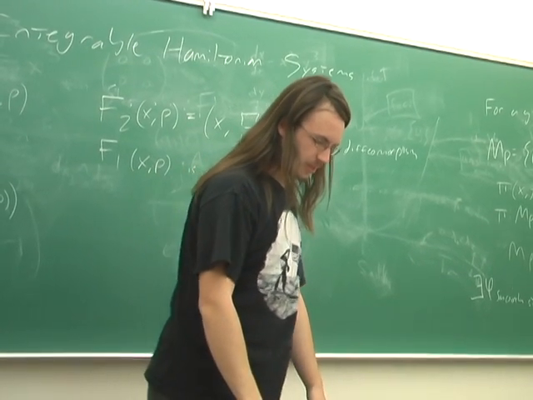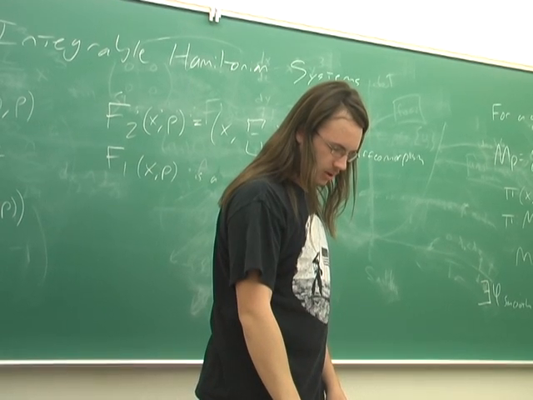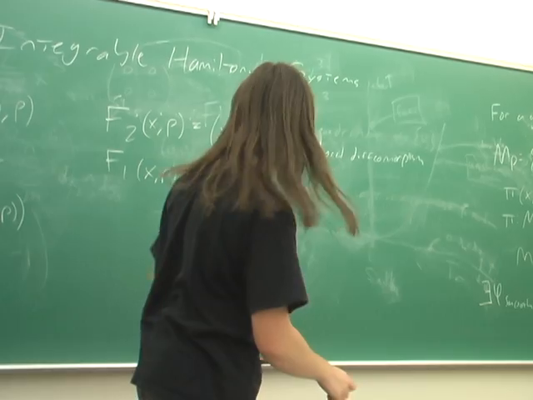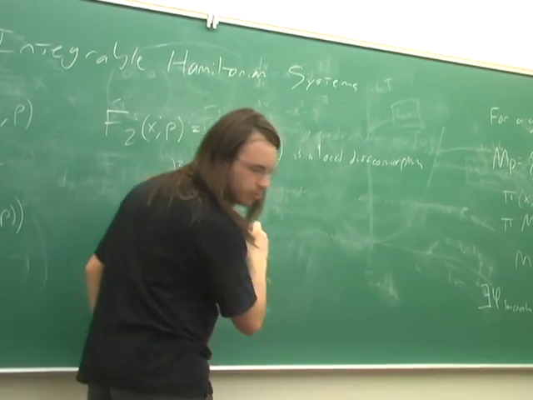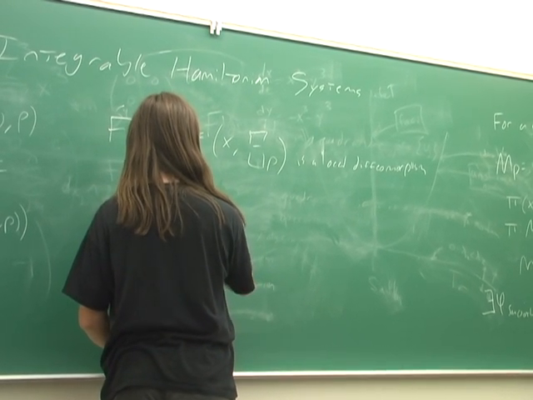Essentially, they say that they define a matrix between the two of them, where they define the matrix p squared dx dt.